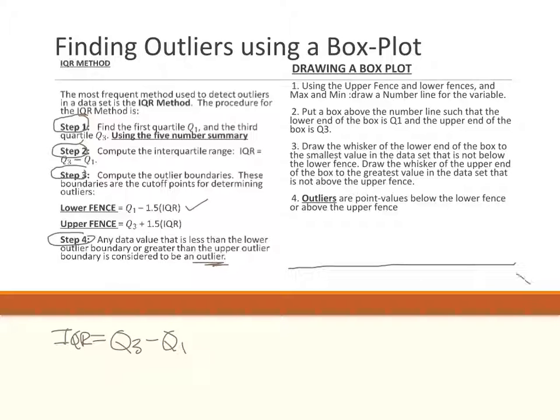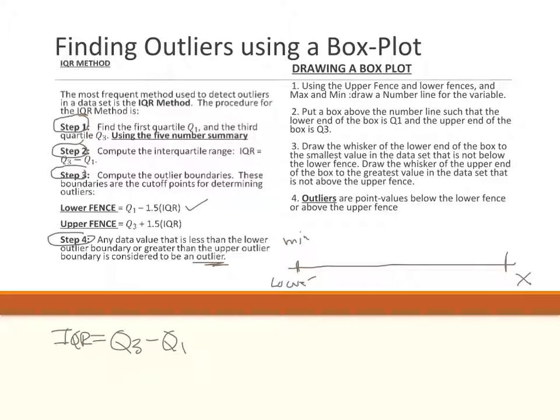We would draw it as x. Here would be either a minimum or maximum value, up here would be a maximum value or the upper fence, and this would be the minimum value or the lower fence. Whichever is the furthest away from each other is what we're going to be using.